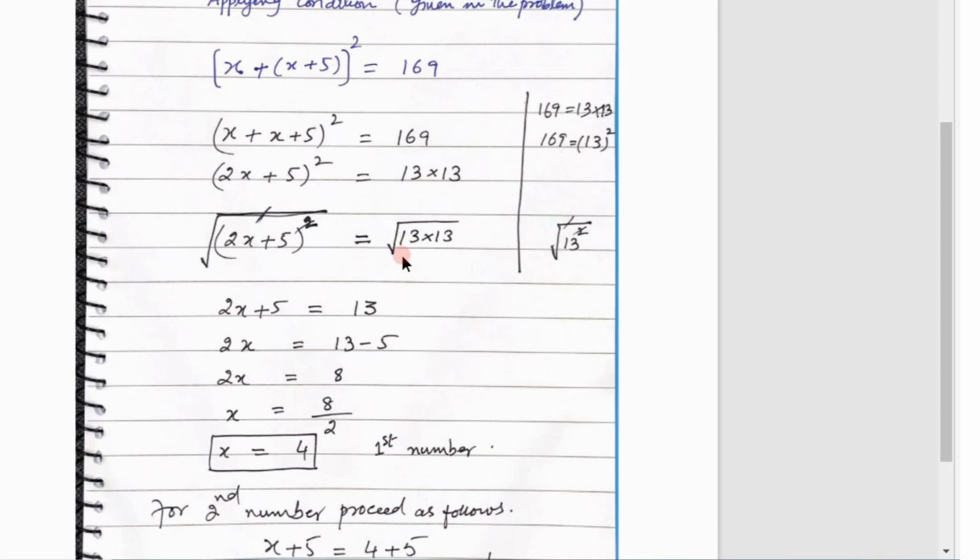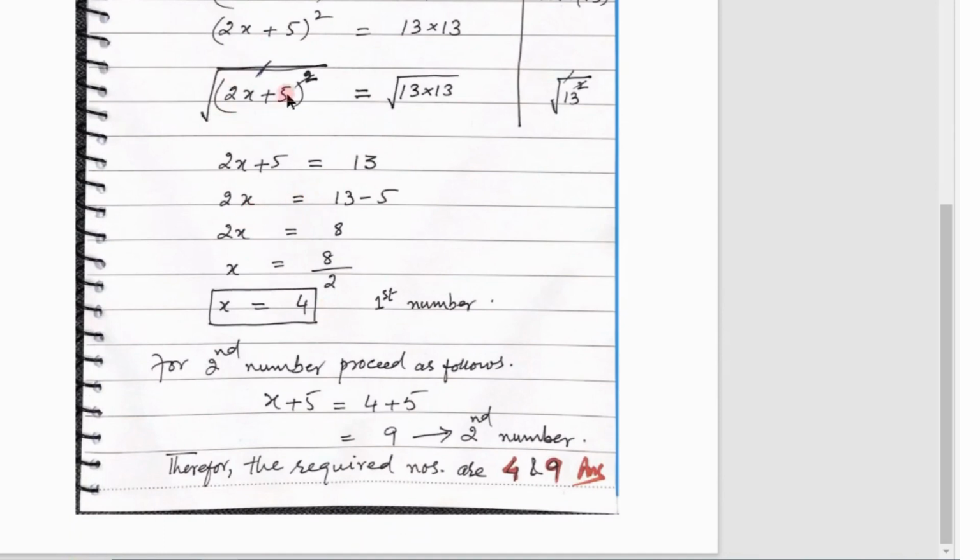I will not give that example because now you are grown up, you are in grade 8. So whenever you have a similar pair inside a square root, this is a property of the square root. One number comes out and one is used to finish it, because this is happening at the back. 13 square will finish the square root and 13 will come out. Sometimes we can explain it like this: 13 is used to finish the square root and 13 came out.